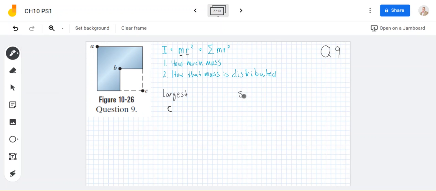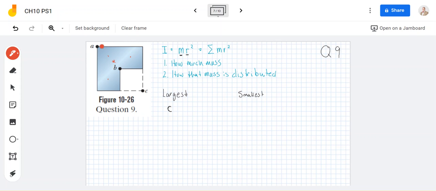What about the smallest? It's the same mass, so again it's how it's distributed. I think the total amount of mass is farther away from A than it is from B. If we think about the center of mass of this section being here, this section here, and this section here, the center of mass of all three is probably around here.